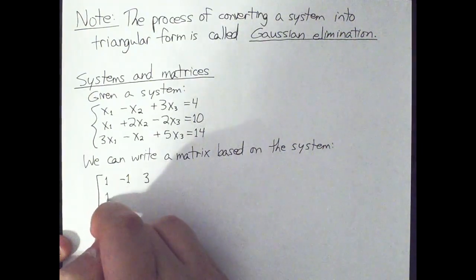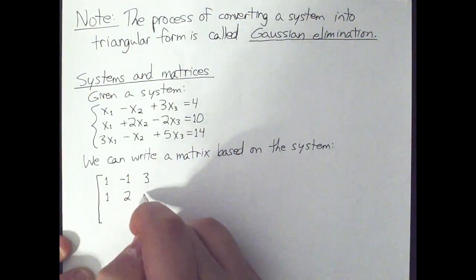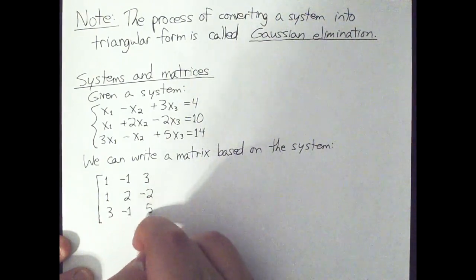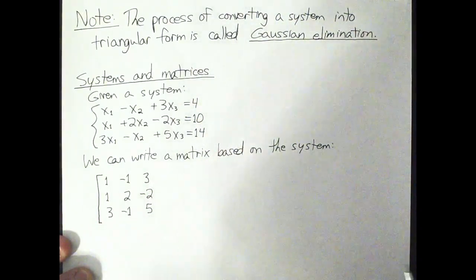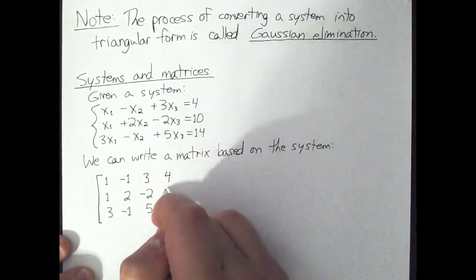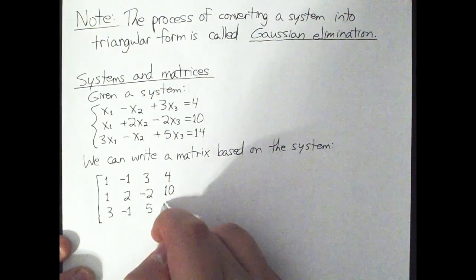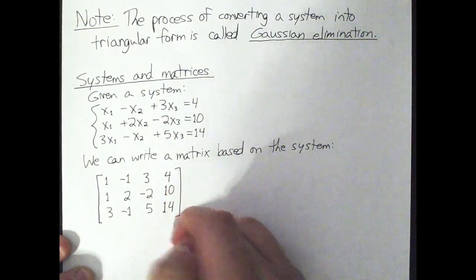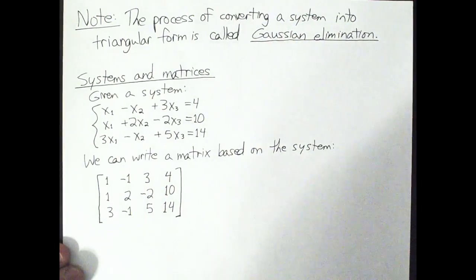We have 1 copy of x1, 2 copies of x2, -2, 3, -1, 5. And I'm also going to write the 4, 10, 14. Those constants are technically not coefficients, but they also seem important to the system. And we write these square brackets around the whole thing.